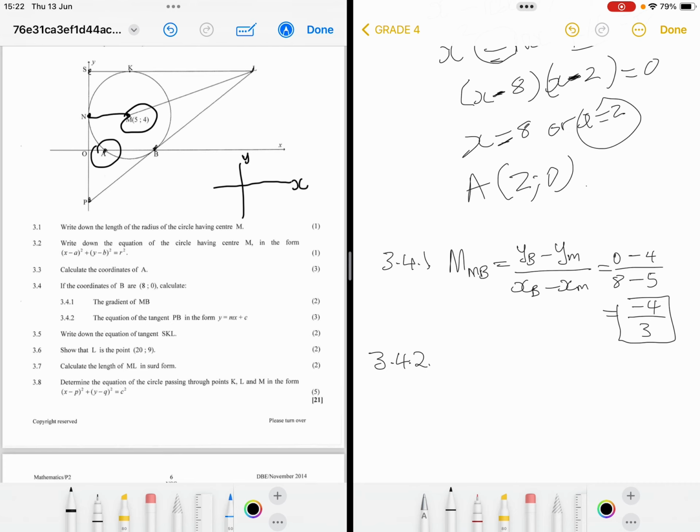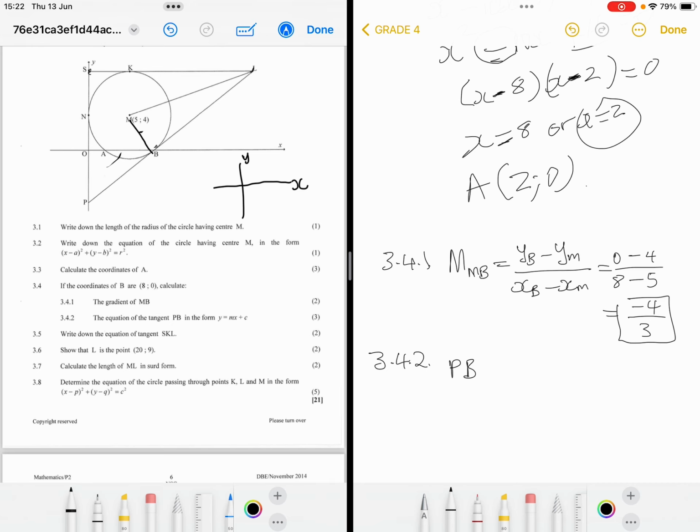Basically, they will need the equation of a perpendicular line, which uses the reciprocal of the gradient that you got. Now, they need the equation of the line BP. BP is here, and the gradient that you were looking for is for BM.